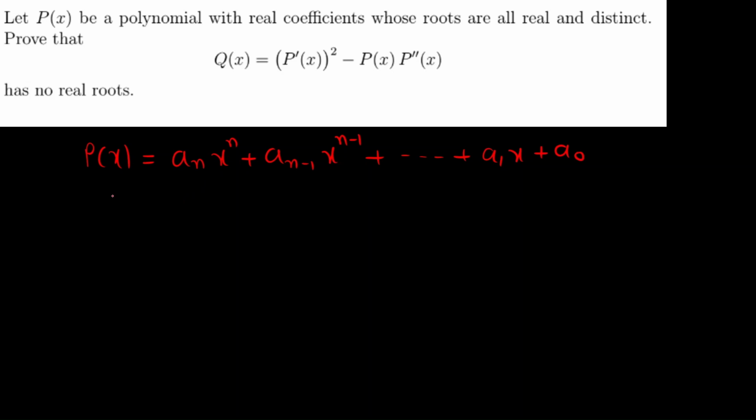Now what I'll do is, I'll use factor theorem and I'll write this as an times x minus r1 times x minus r2, so until x minus rn, where r1, r2 till rn are the roots of P of x.